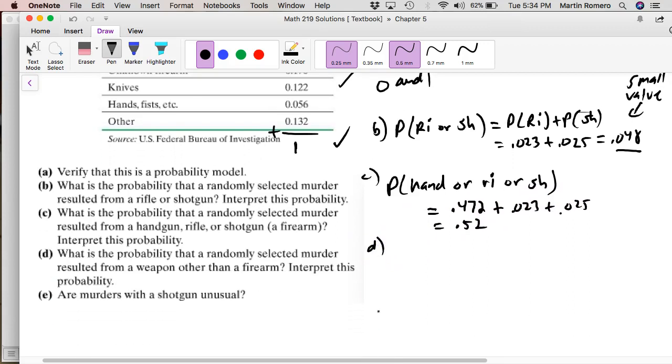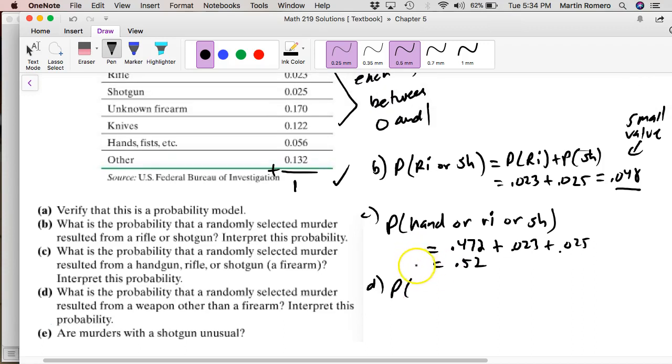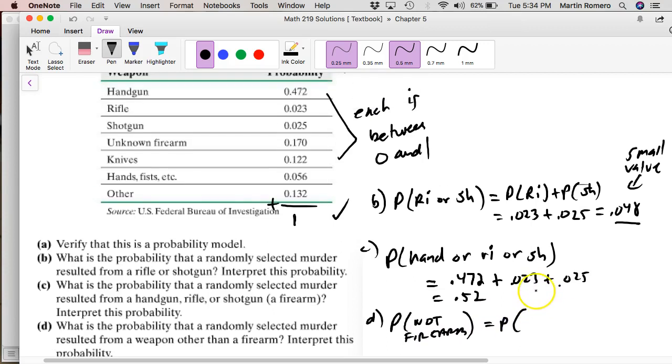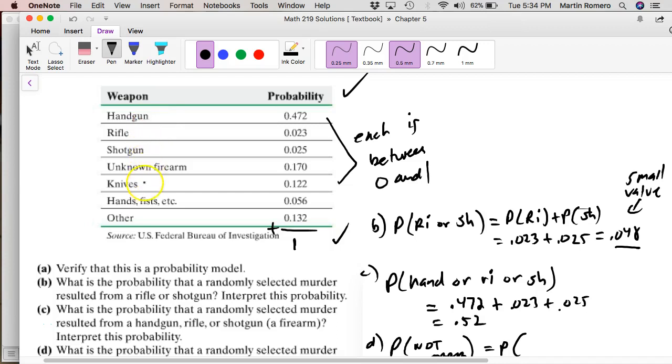Probability that a randomly selected murder resulted from a weapon other than a firearm. So which ones are other than a firearm? We want not a firearm, which would be knives, hands, or other.